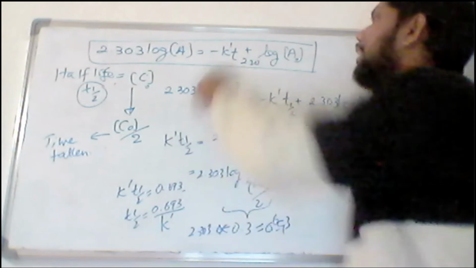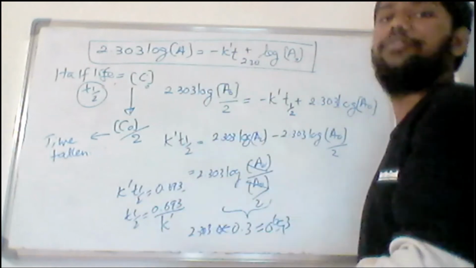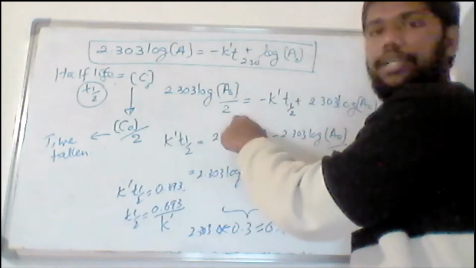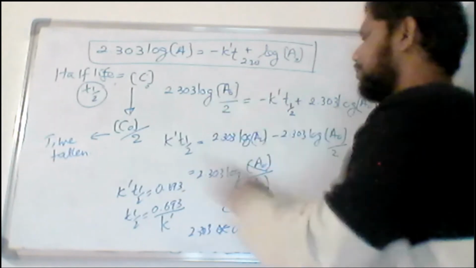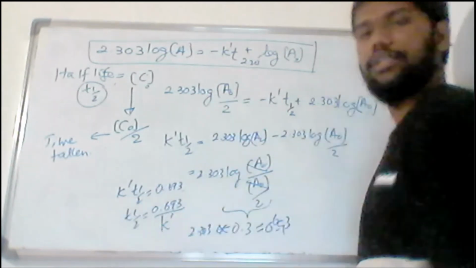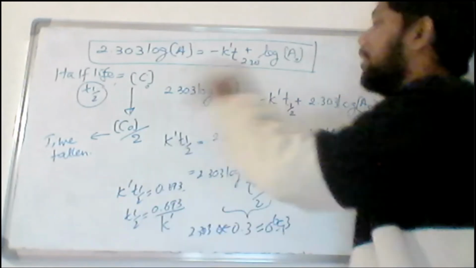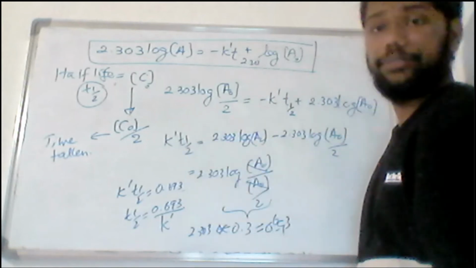So this time could be the half-life, which means A becomes A by 2. That is what I have put here, and when I solve this, you will get this one. The only thing you need to know is what half-life is and how to put this into your equation.